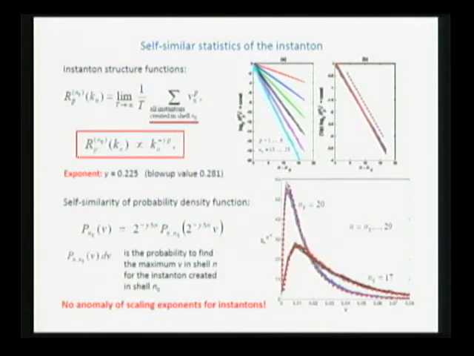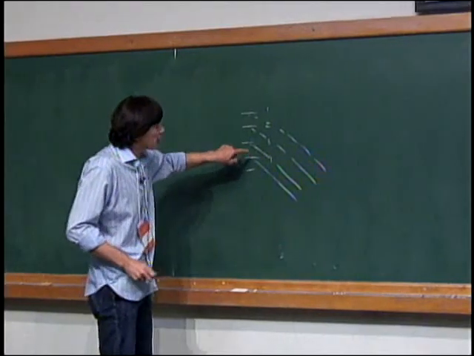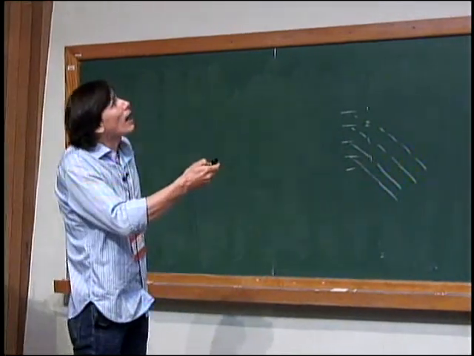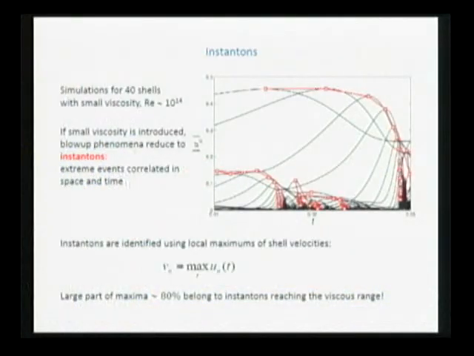So can we go back to the... Yeah. I thought you're looking at the amplitude at shell n in time. What does it mean now created at shell n0? So yeah, this is important. So each instanton starts somewhere. So this is n0. This is level n0.